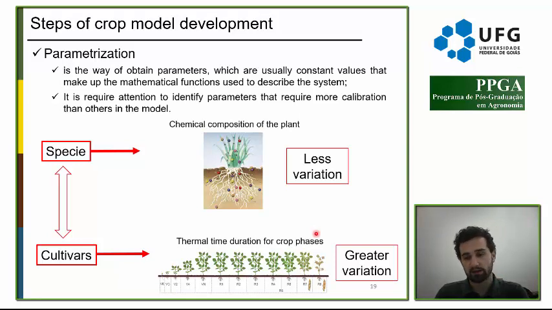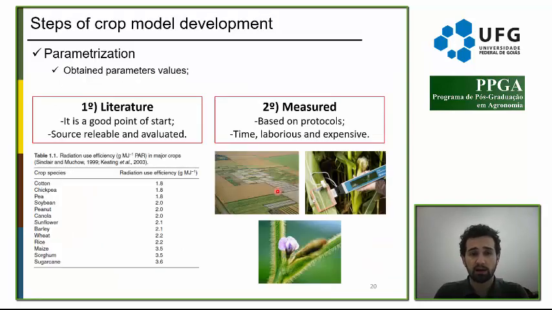So when I am building a model, I need to define which parameters change less or more, and which parameters I need to put there to make this difference between cultivars. And how can we get these parameters for our cultivar? There are three ways to do this.